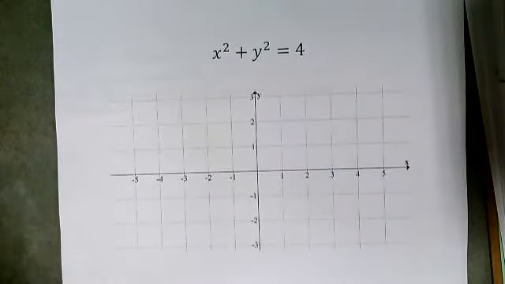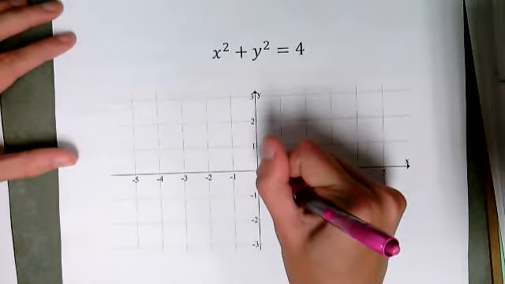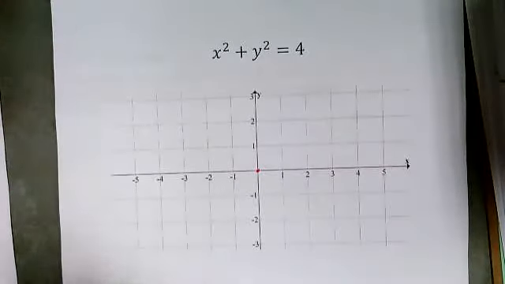Now, there's another relation, and let's figure out what it looks like. So, from last time, this is a circle, right? Radius 2, centered at 0, 0. So, well, there's our center, right?